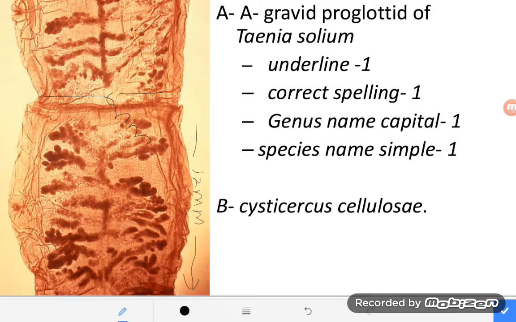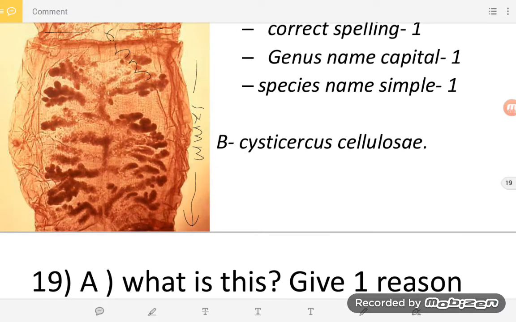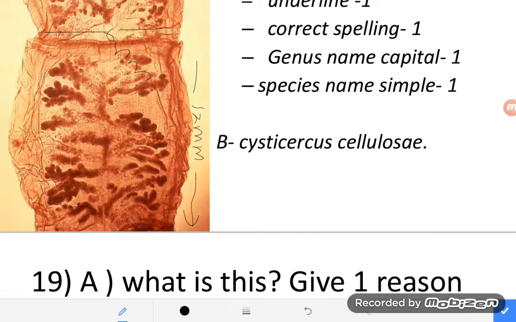Normally it passes out in a chain of 3 to 4 segments together, and you can see lateral branches on both sides. It should be 7 to 13, that means less than 15. If you identify that, this is Taenia solium.